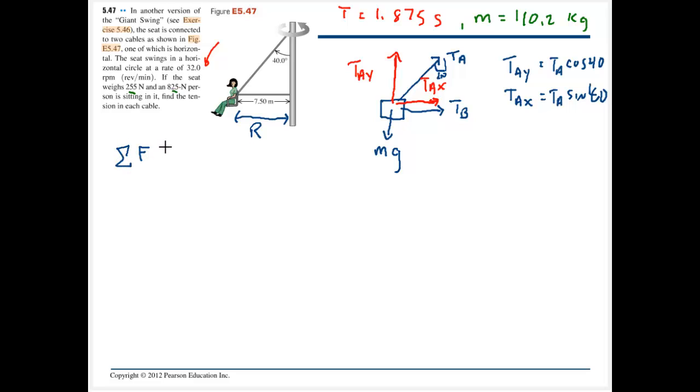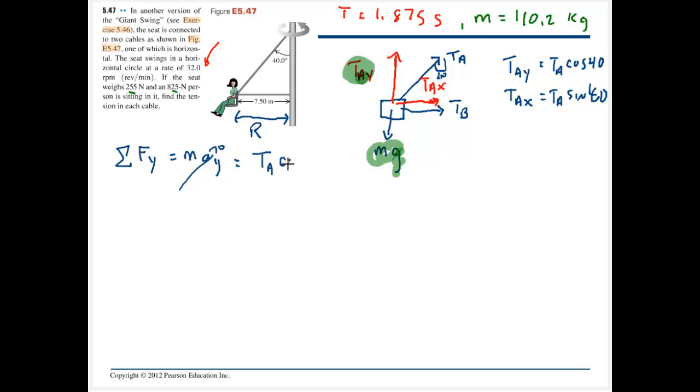So, sum of forces. Looking in the y direction, I'm going to have really only two forces: the tension A supporting her, and mass times gravity in the downwards direction. So I can solve for the sum of the forces in the y direction. In the y direction, it is not accelerating. It's not going up or down. So mass times acceleration in the y direction goes to 0.